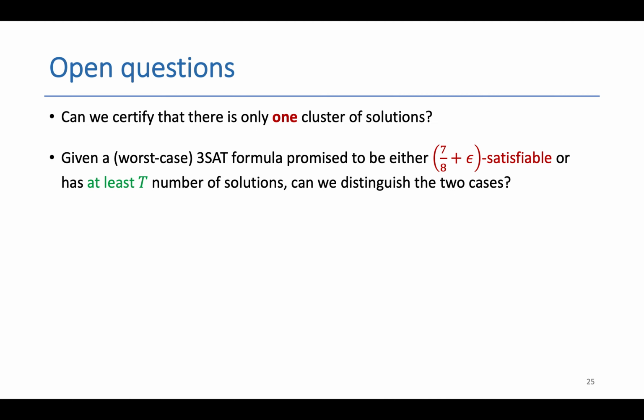But let's say I actually promised to you that the 3-SAT formula I give you is either 7/8 plus epsilon satisfiable, or it's actually not just satisfiable, it has many solutions as well. It has at least t solutions. So, for how large of a t can you algorithmically distinguish between the two cases?